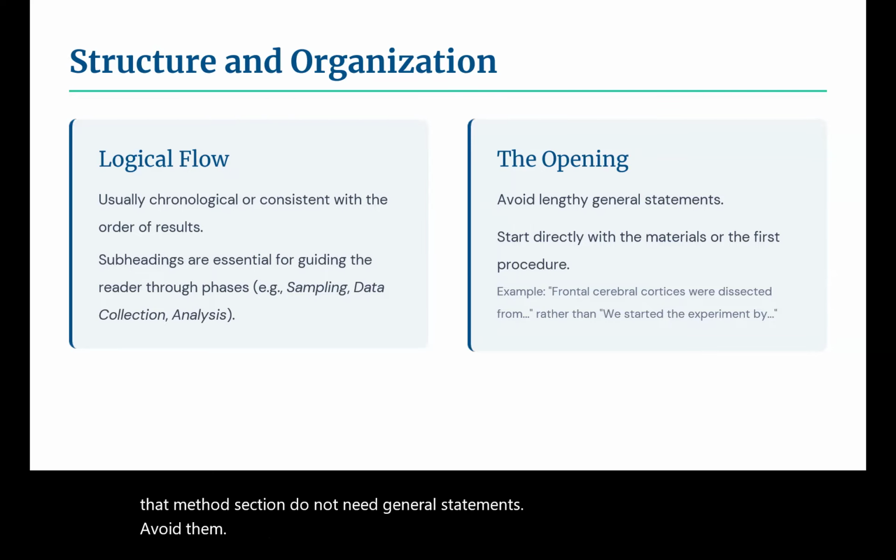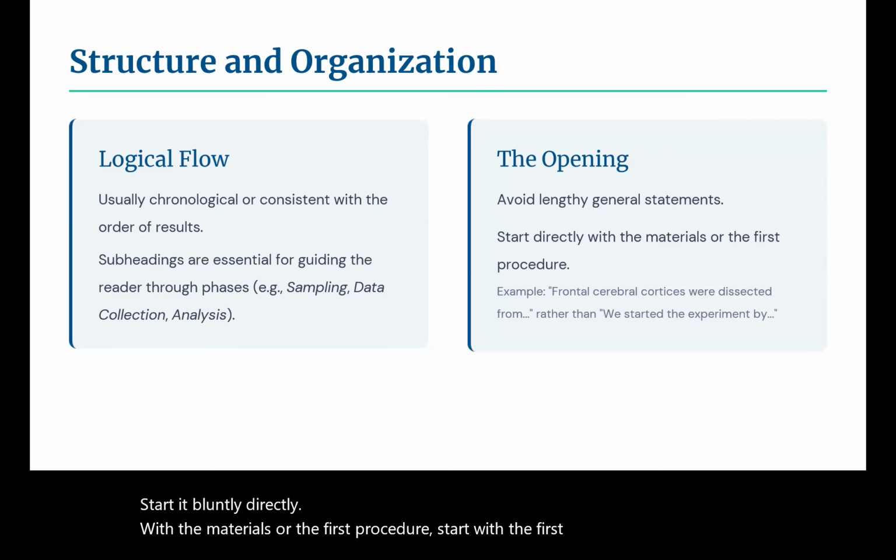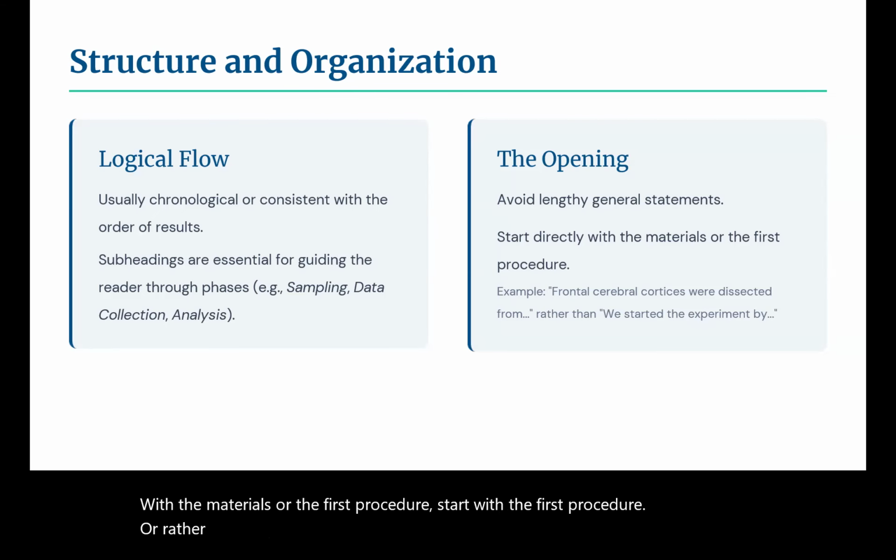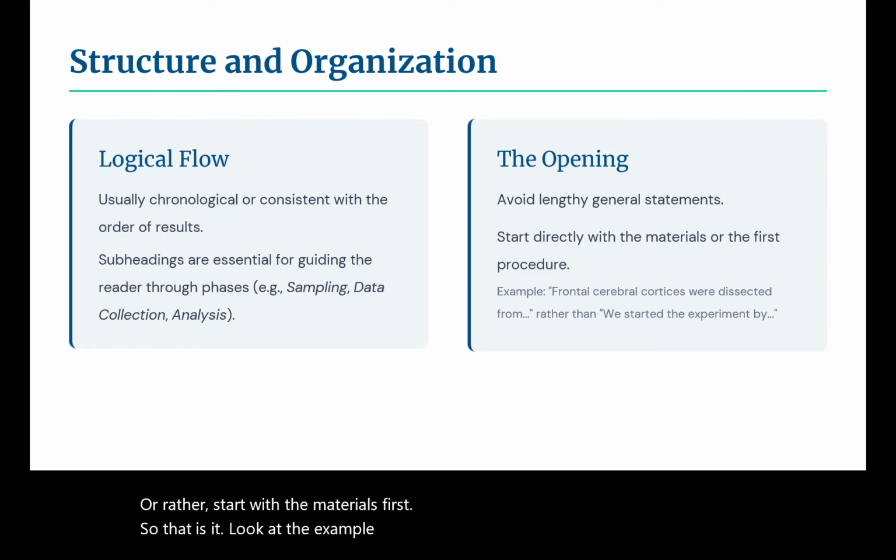Start it bluntly, directly with the materials or the first procedure. Start with the first procedure, procedure 1, or rather start with the materials first. So that is it. Look at the example given here. Frontocerebral cortices were dissected from. You see, it's directly how you began the method.